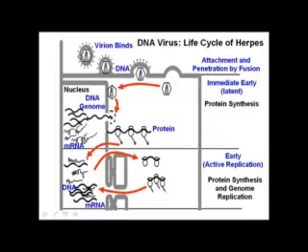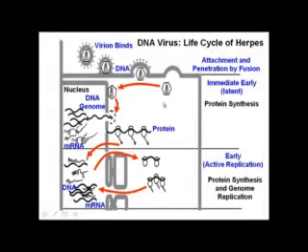So they're going to attach to the host cell, and because they're enveloped and they have a fusion protein, their envelope can fuse with the cell membrane and dump the virion into the cytoplasm. Now, remember we're talking DNA virus here, so the DNA has to replicate in the nucleus. All right, so we have to get uncoating of the genome, which we do, and the genome has to make its way into the nucleus for replication.